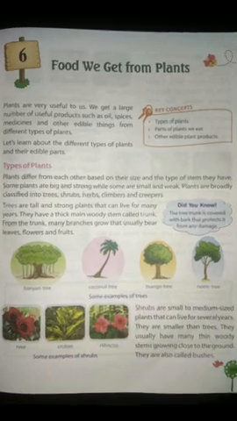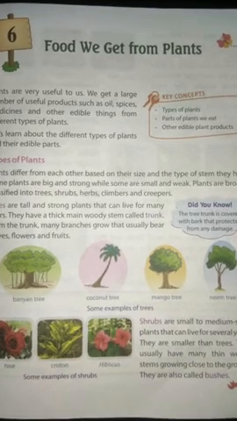Plants are very useful to us. We get a large number of useful products such as oils, spices, medicines, and other edible things from different types of plants. So, first point, everybody remember that plants are very useful to us.